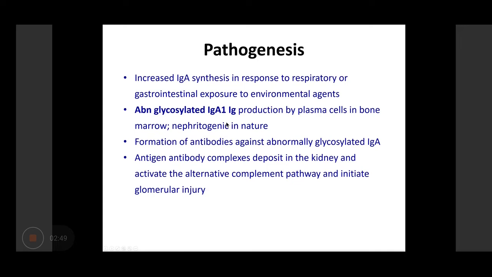It has a classical feature that it is nephritogenic in nature, that is, it causes specific damage to the kidneys. So, as usual, when you have harmful antigens present in the body, antibodies are secreted against this abnormally glycosylated immunoglobulin. These antigen-antibody complexes are deposited in the kidney and they activate the alternative complement pathway, and thus they initiate the glomerular injury.